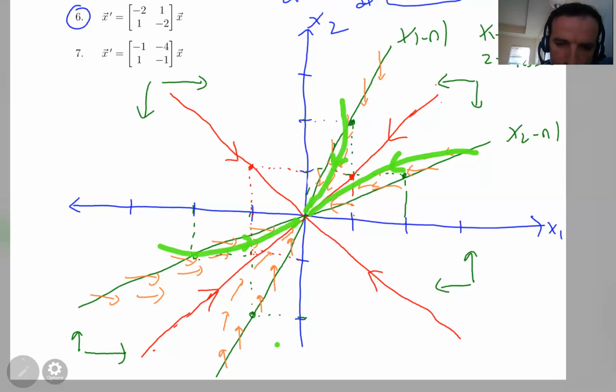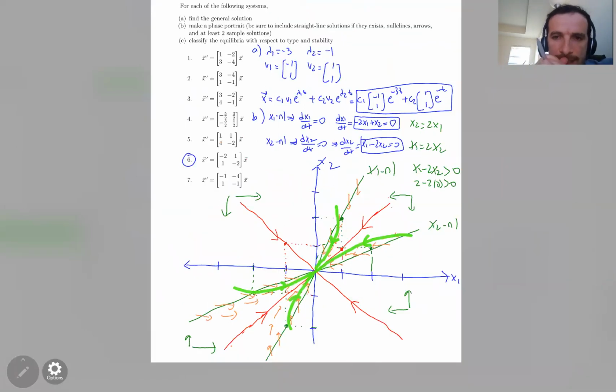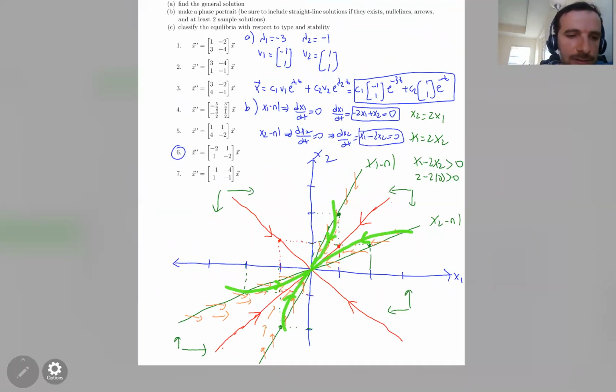And from here, I got this. So maybe this can be one solution, or you can take all these as solutions. You just need to follow the arrows to get the solutions. And this is the B part.